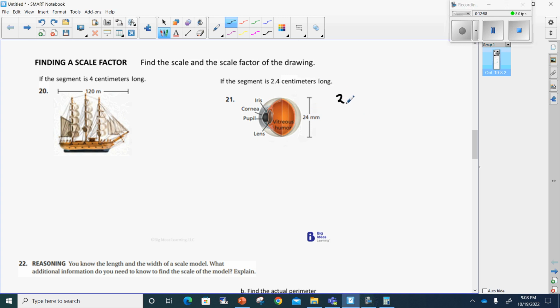So that's going to be on top, 2.4 centimeters. And that's going to be in comparison to 24 millimeters. Now to do this, I know I can divide both of these by 2.4.